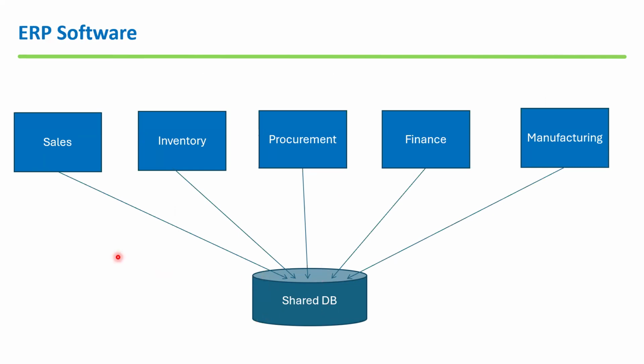In the previous example, whenever the sales department gets an order from the customer, the sales order automatically notifies the inventory and procurement departments. ERP software is designed in such a way that whenever any sales order is received, a notification goes to inventory and procurement.